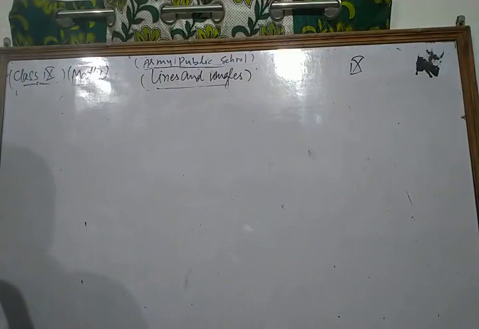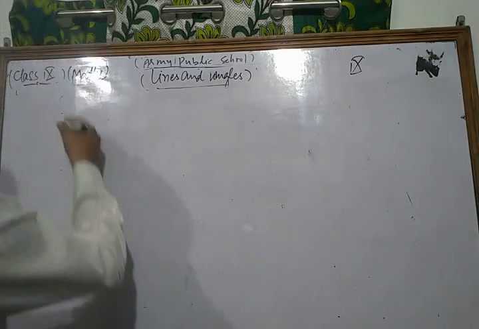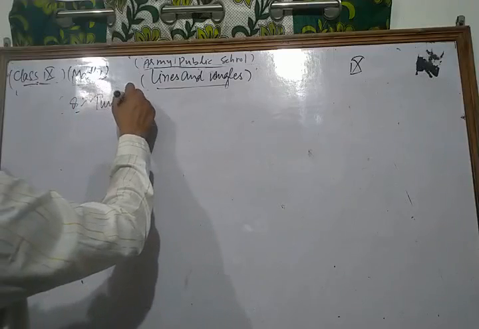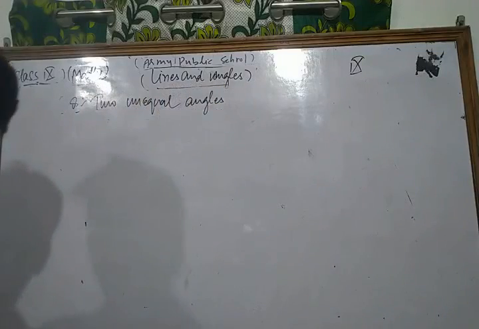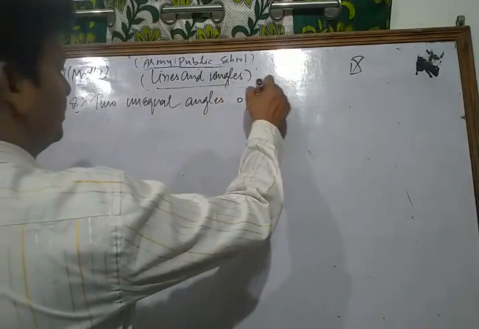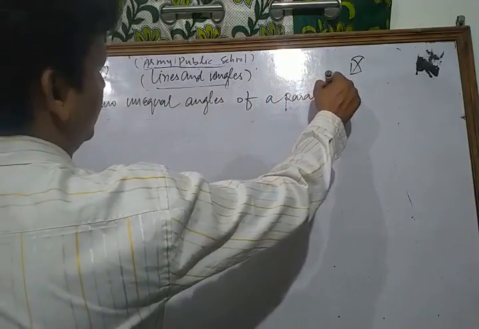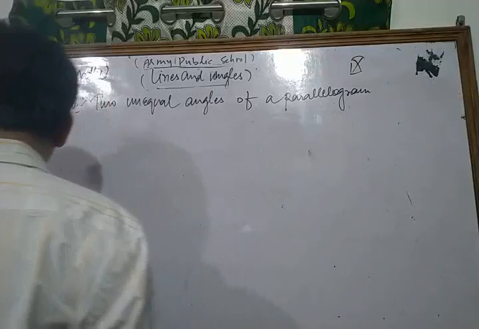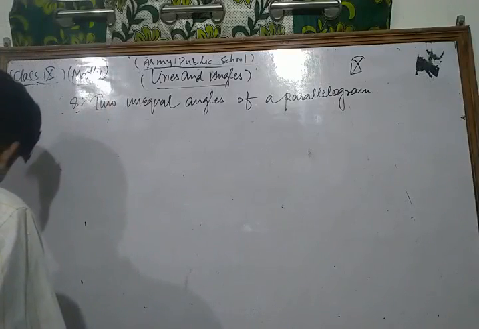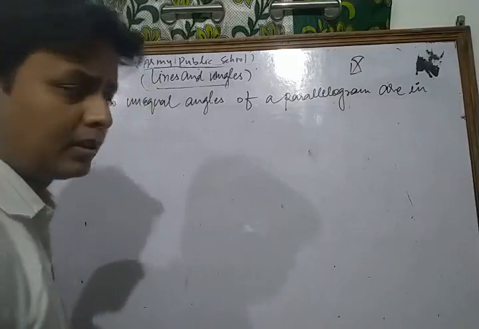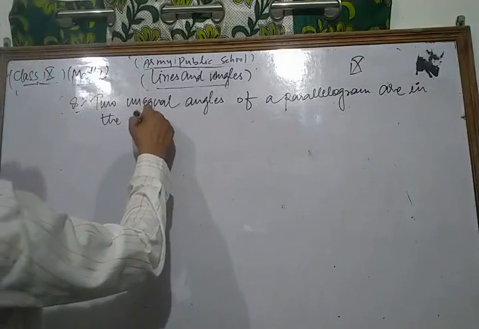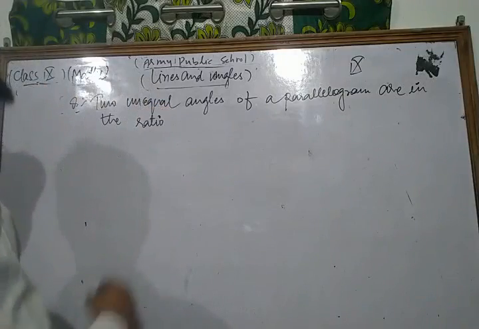Now listen, we take and solve some other important question of that chapter, and the question is: two unequal angles of a parallelogram are in the ratio 2:3.